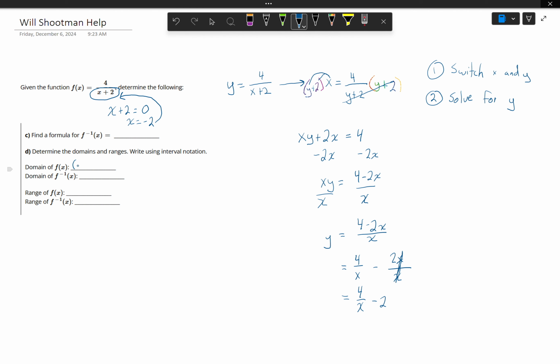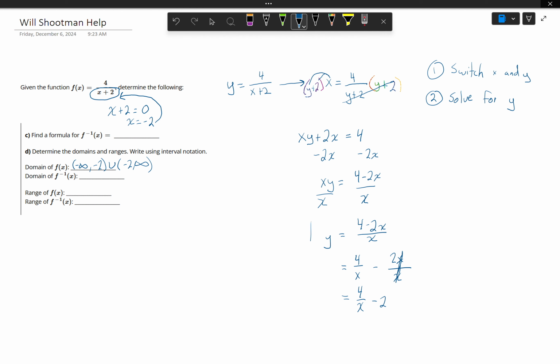So my domain is everything but negative 2. And notice this interval notation tells us that it's everything but negative 2 because I go from negative infinity to negative 2. The parenthesis tells me I'm not including the negative 2, and the same here on the right. I use a parenthesis to say I'm not including negative 2 and go to infinity.